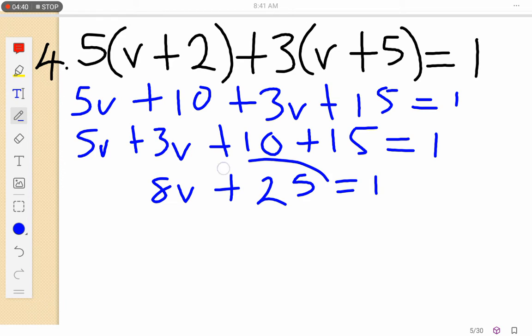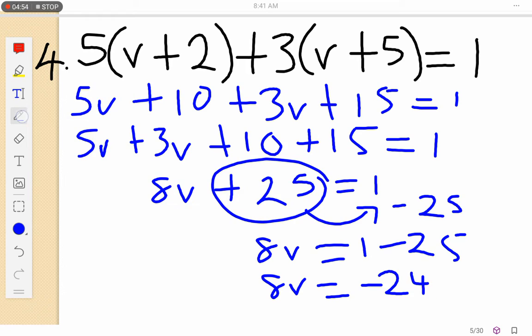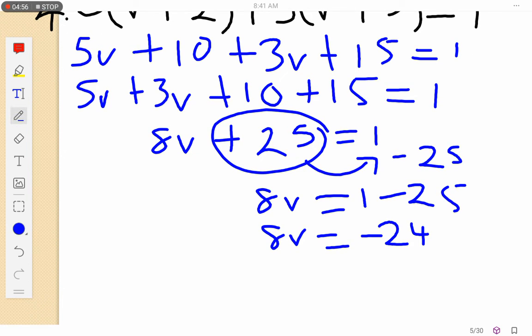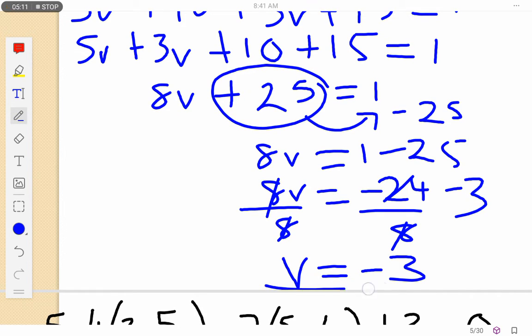So I'm going to take this to this side. It becomes minus 25. So I'll have 8v is equal to 1 minus 25, so 8v is equal to minus 24. We can divide by 8 both sides, and our v is going to be minus 3. So that's our value for v.